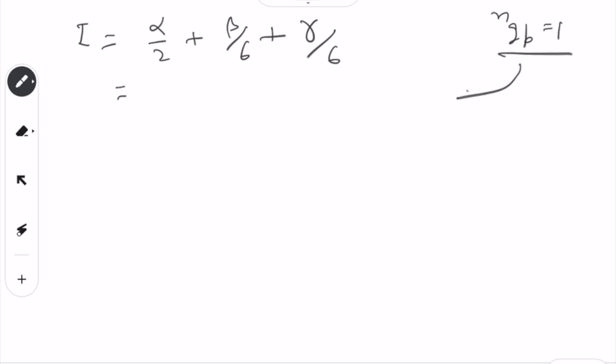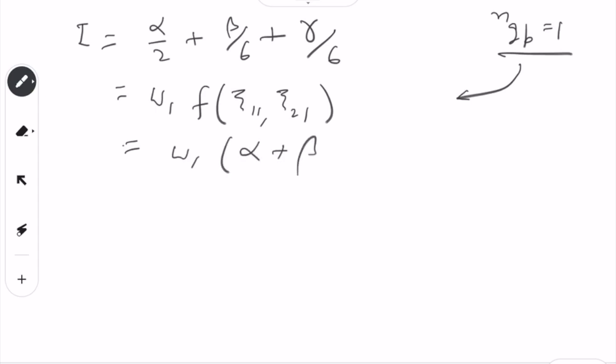So, if NGP equal to 1, then we will have simply W1 multiplied by F, and then we have xi 1 and xi 2, which is equal to W1 times alpha plus beta xi 1 plus gamma xi 2.